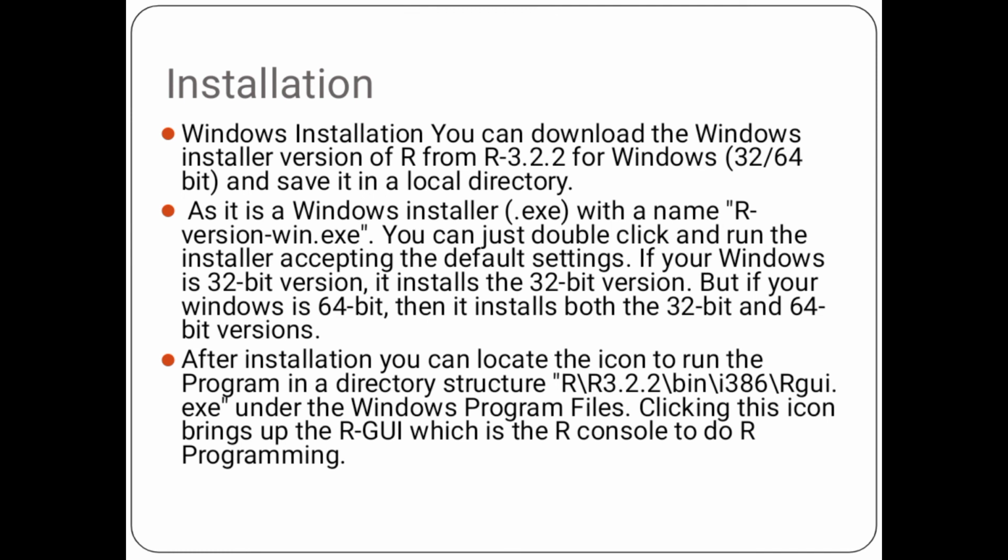If your system is 64-bit, then you can install both 32-bit and 64-bit by accepting all the default settings, and then run the icon, and you will be at the R console, which can be used for R programming. So that is about what is R programming, evolution of R, features of R, and how to install R programming. Thank you.